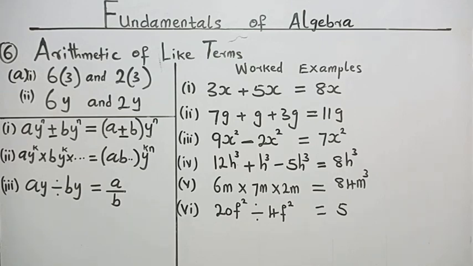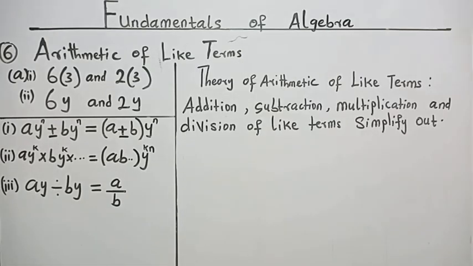Before you check if you've been following, find out if you can make sense out of the following statement that summarizes all these laws that we got out of arithmetic of like terms. And here comes a statement which we regard as a theory of arithmetic of like terms.